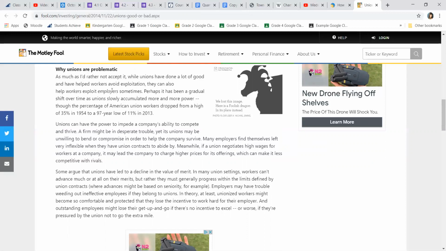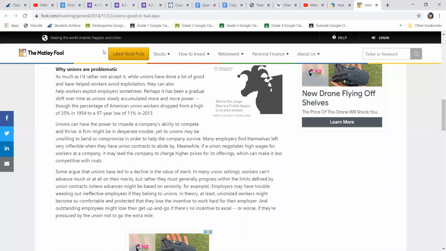Maybe a good chunk of their money is going towards the health benefits for the employees, or wages, and so they have to increase prices for their product, which means they're not able to compete with other similar companies that have a similar product. So unions can sometimes make it harder for companies to grow and thrive in the market.